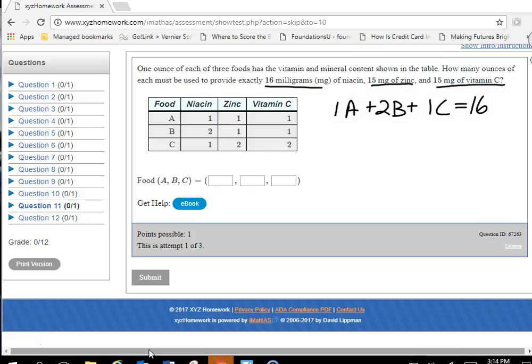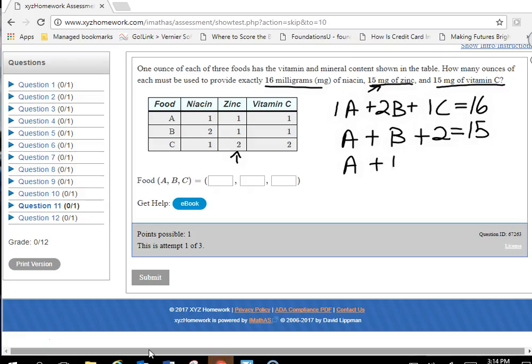Okay, now I usually wouldn't write the ones, but I wanted to make sure you knew where they were coming from. So to finish setting up this matrix, A plus B plus 2C equals 15. So I used these numbers, and then that total amount of zinc they gave us. And lastly, we'll do that for vitamin C.